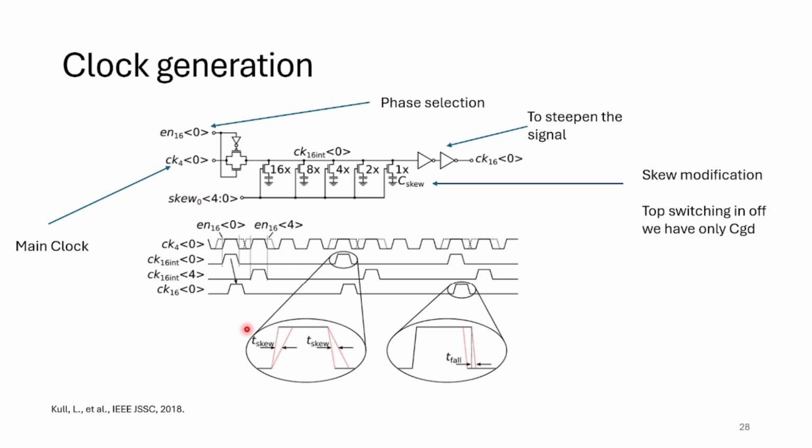Here also, because of the matter of skew and overlapping of the clocks, they added this skew adjustment system. They turn on and off the switches to increase or decrease the skew. One good thing that I'd like to mention here is they put the switch at the top.